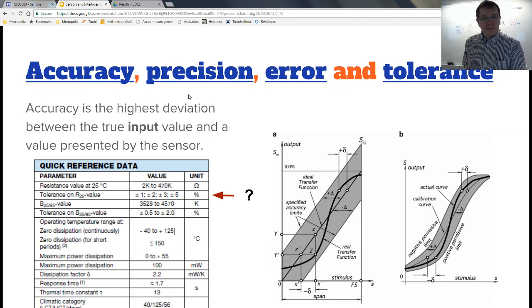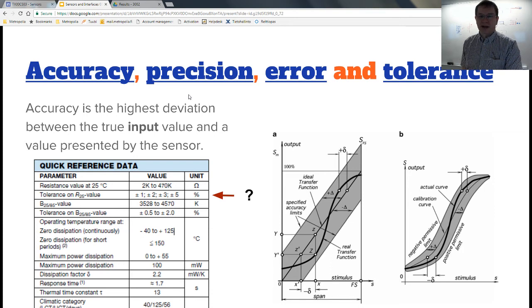Okay, precision. Basically how well you can calibrate this sensor, how precise the values will be.